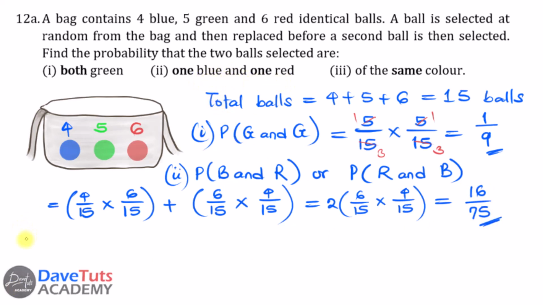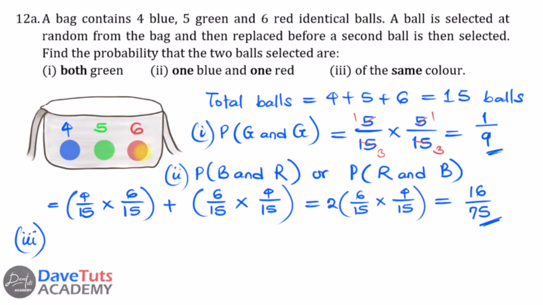And then in the third case again we need to be careful here. We are to find the probability that the two balls selected are of the same color. For them to be of the same color, let's start with the order in which we are given. In the first case, we are picking blue and blue. In the second case, we are picking green and green.